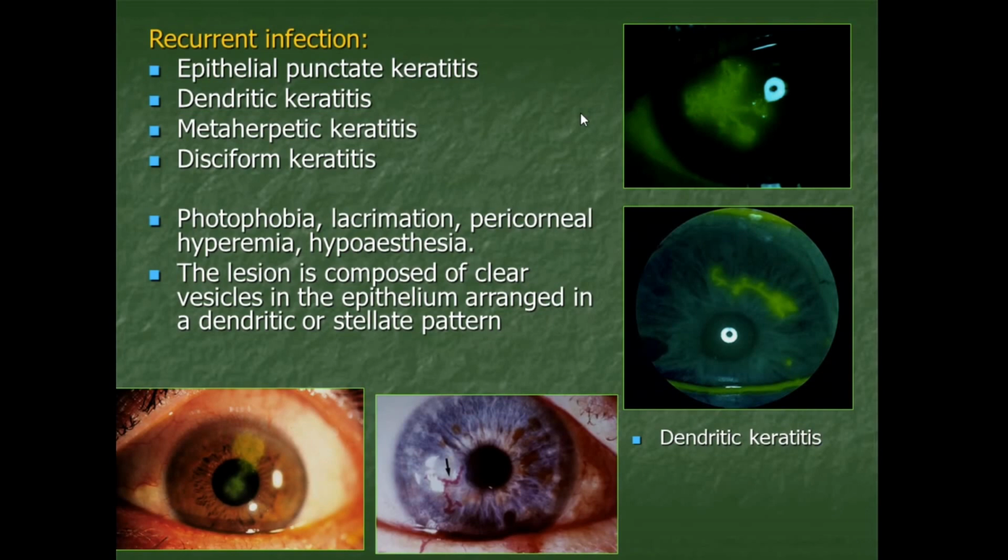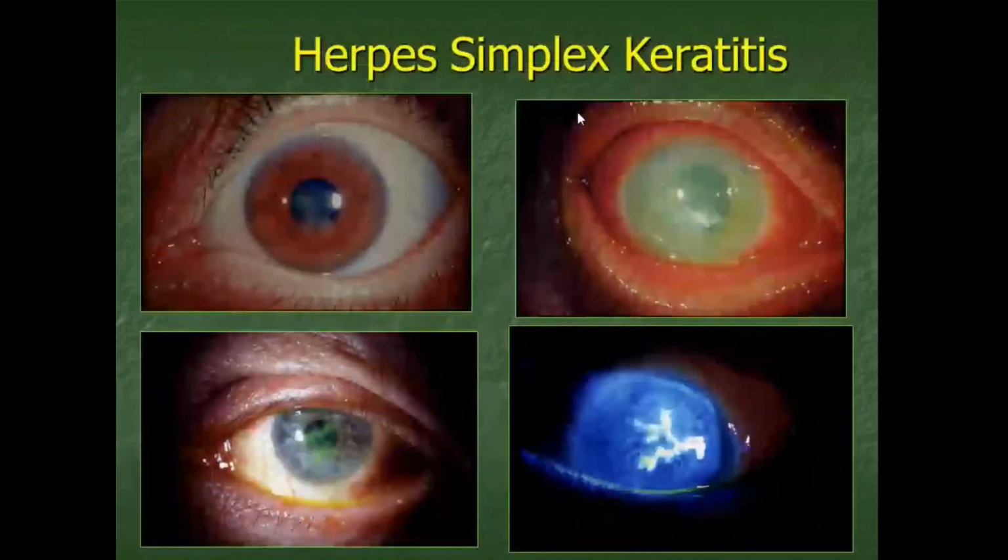Patients with a herpes viral keratitis usually complain of photophobia, lacrimation, pericorneal hyperemia, and hypoesthesia. Look at this picture.